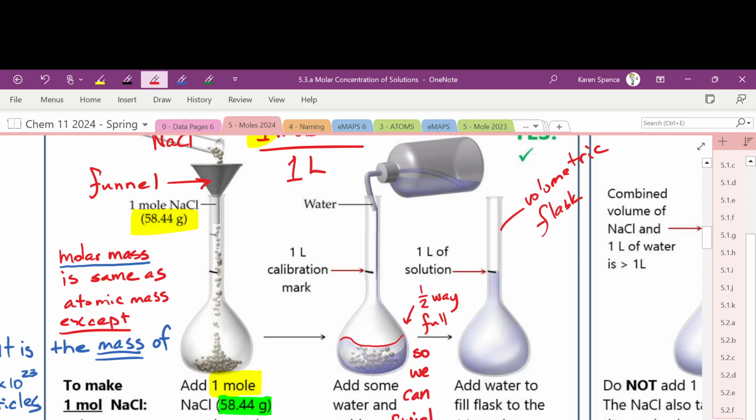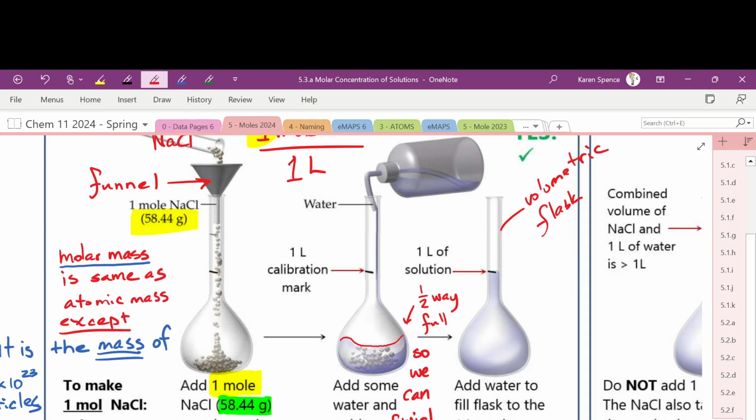There will be a quiz on molarity and concentrations, and this procedure will be on there. We won't have a quiz on that until after we've done it ourselves at least once, if not twice. Yes? But this whole procedure, you can imagine, okay, we take the funnel, we put our solute in the solid, and then we fill it up halfway. Why don't I just fill it up right away? Because I need to swirl it.